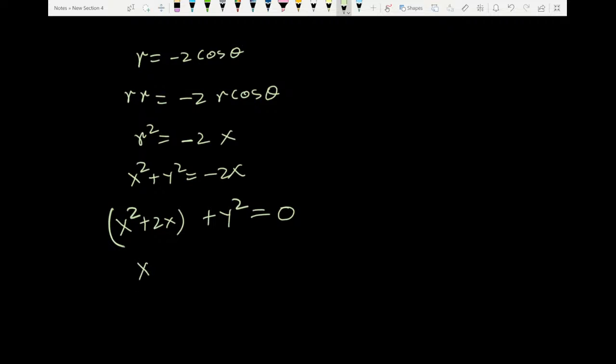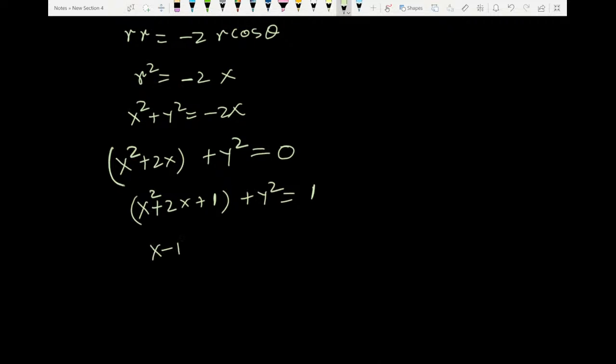Complete the square: I get (x plus something) squared plus y squared. Take 2, divide by 2, which is 1, and you square that. And I add 1 to this side. So I get (x plus 1) squared plus y squared equals 1.